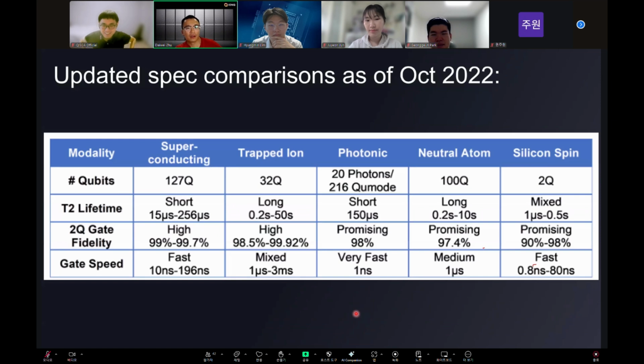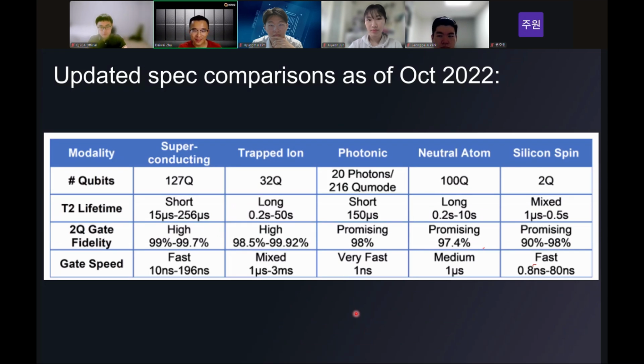So this is a table as of 2022 of different performance or different features of quantum computers. If you look at a spec sheet, you will see they're quite different. People like to claim each has its own advantages or disadvantages.